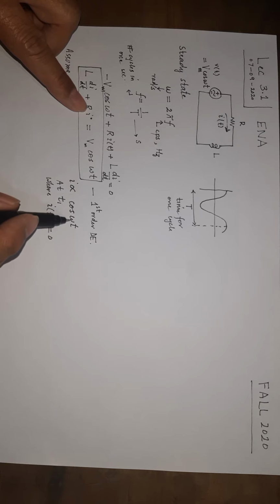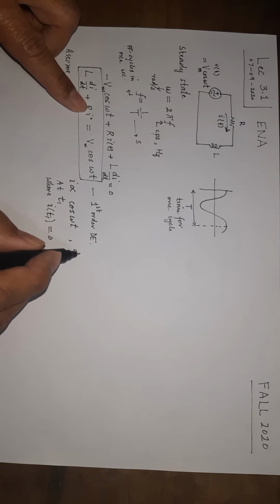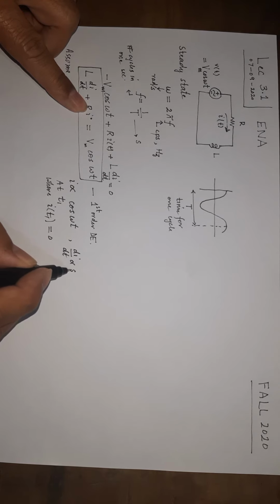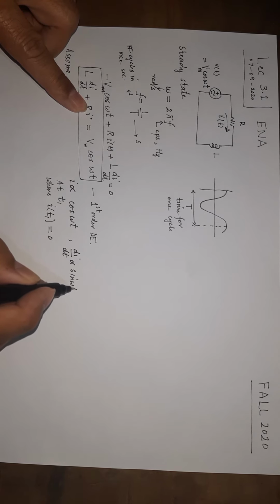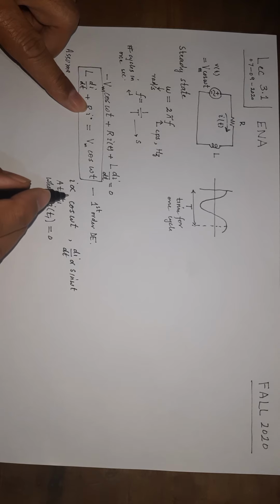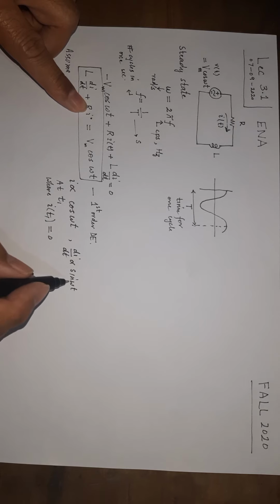Because if I is proportional to cos omega t, the derivative of I will be proportional to sine omega t. So for the time t1, where we know that cos of omega t at time t1 is 0, we know that sine omega t would not be 0.